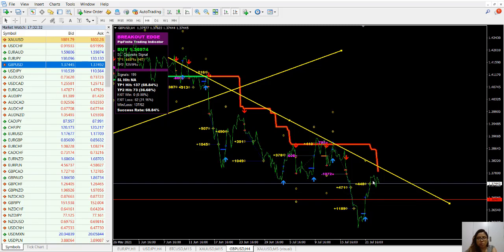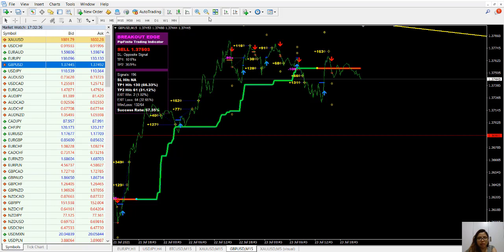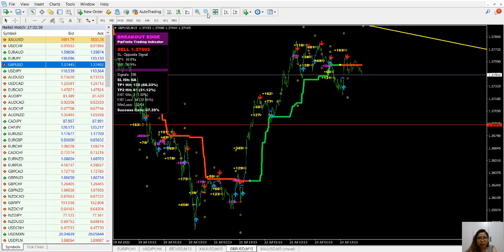So therefore, we will just have to wait in smaller time frame, particularly in 15-minute time frame. So we will wait for the trend row to turn red, and it's already red and there has been a breakout edge signal. So tomorrow when the market opens, we can immediately try to enter to the downside.